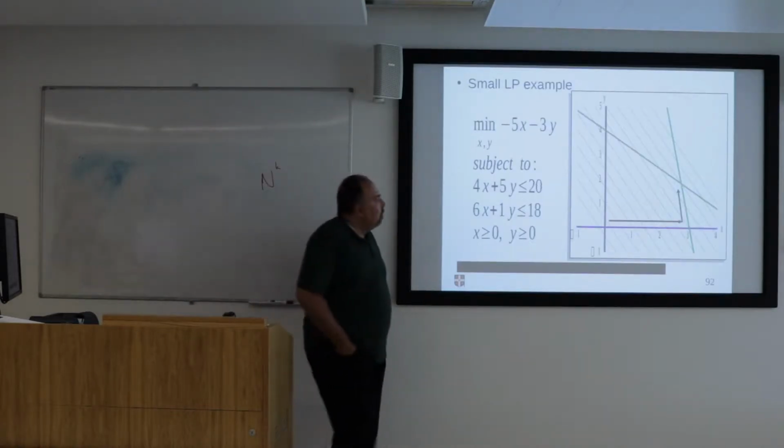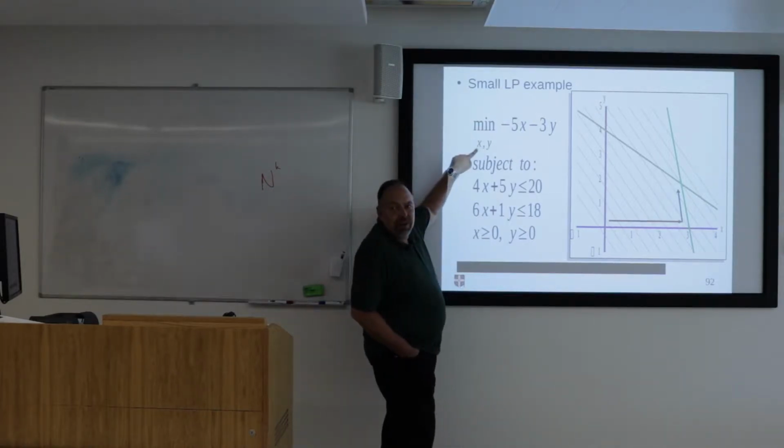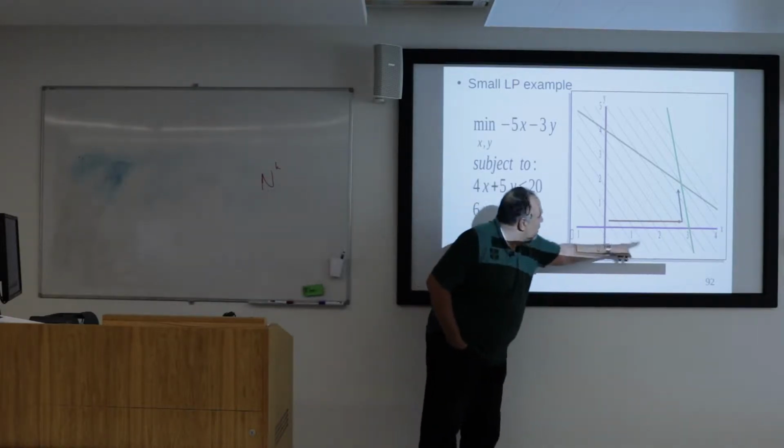So let's look at a small linear programming problem. We have this objective function in two variables, x and y. So this is my x, this is my y.